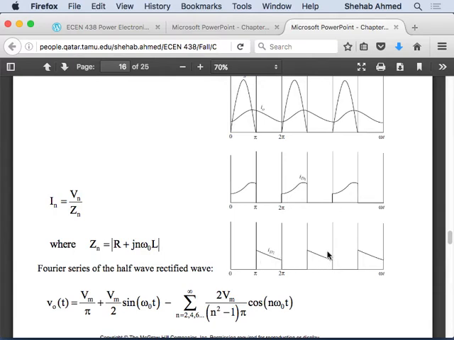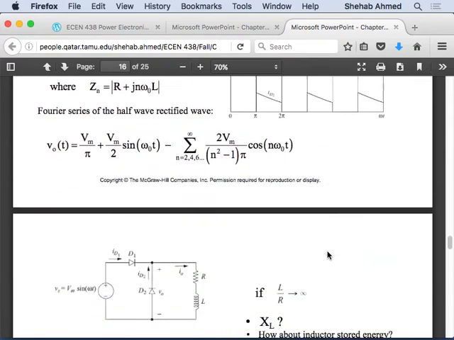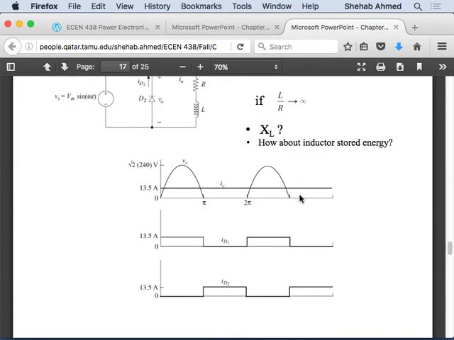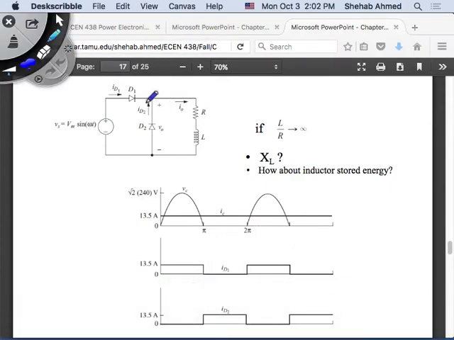So I have an infinitely large L, and then current will never change. Remember the case where I said last time that we can model the output as just a current source. So instead of drawing this RL, we just have a current source here.